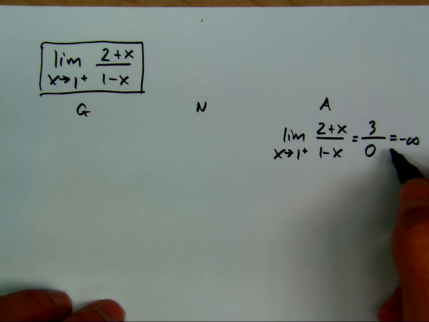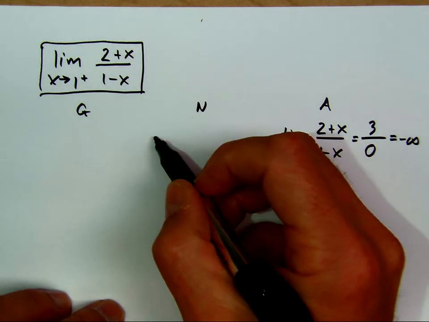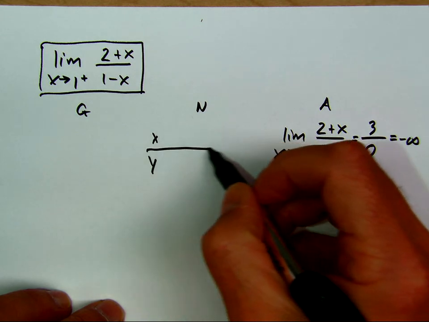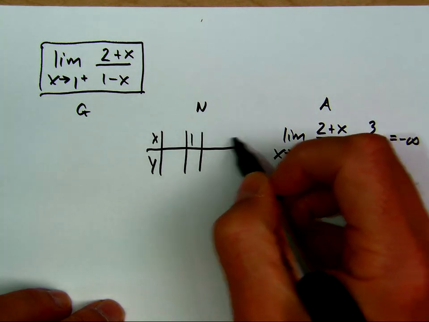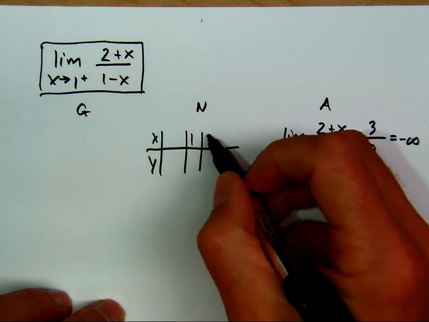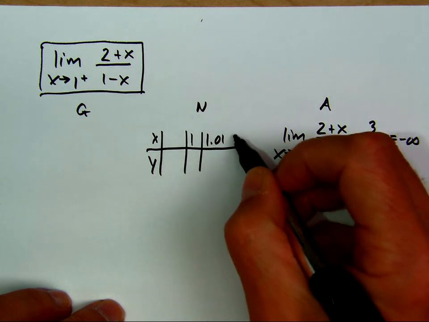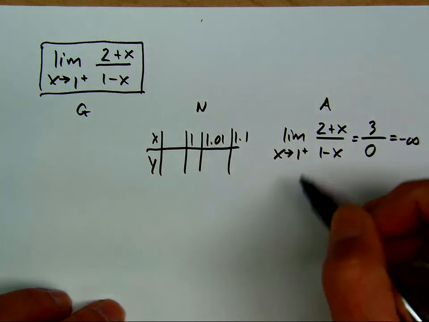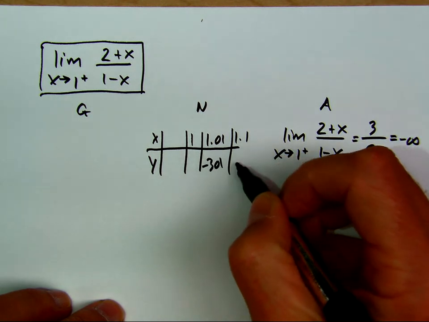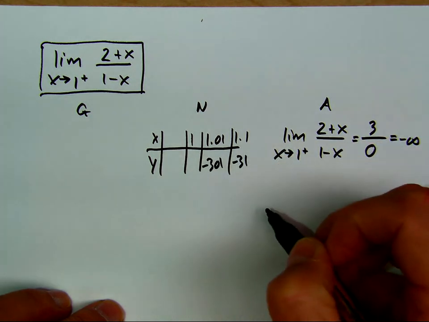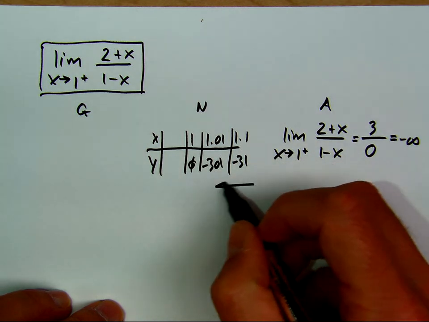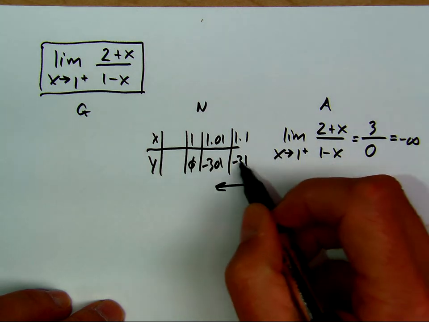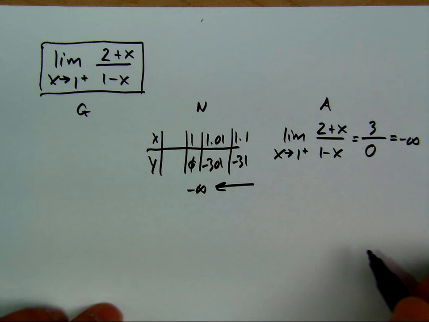And that's pretty much solving it numerically, because in the table we would look at what's happening at 1 from the right, so we don't care about this, and we can put in these values, negative 301, negative 31, and undefined. So from the right, it looks like these are going to negative infinity.